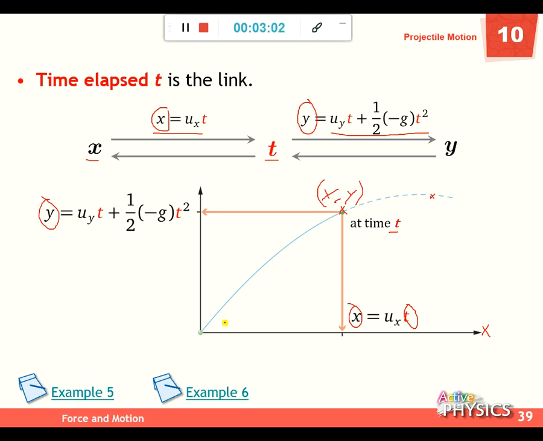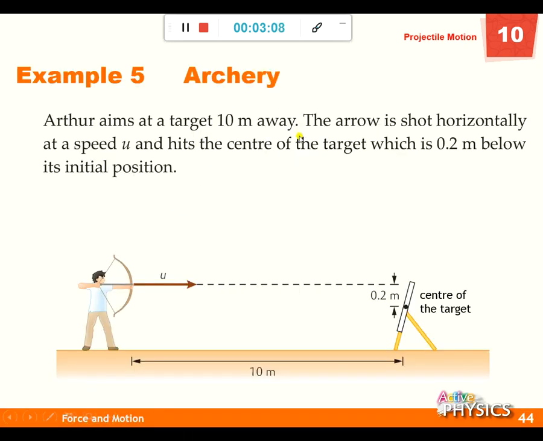Now, try to focus on the example and see what is going on. Look at this. Here, you want to aim at the target. If there is no gravity, this arrow should move horizontally, in a straight line, to hit the target.